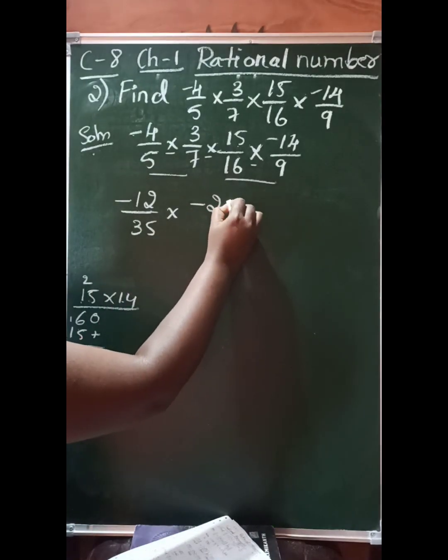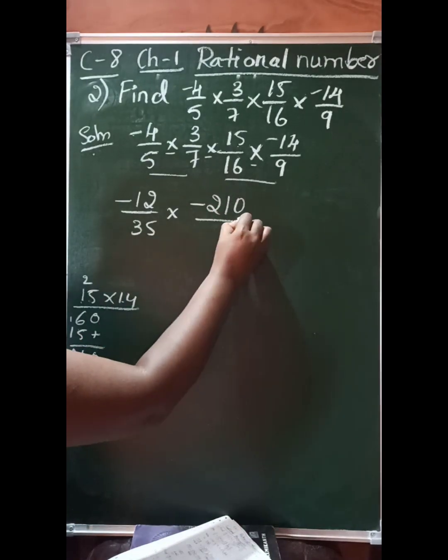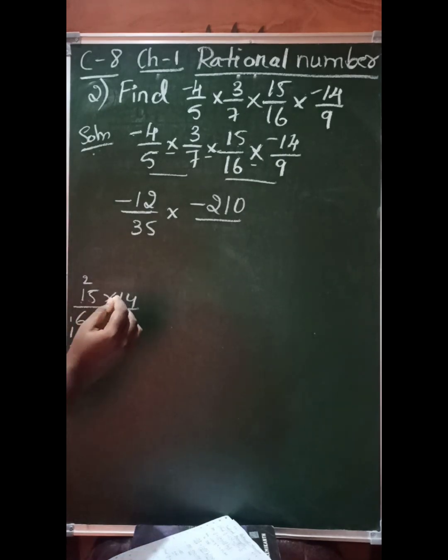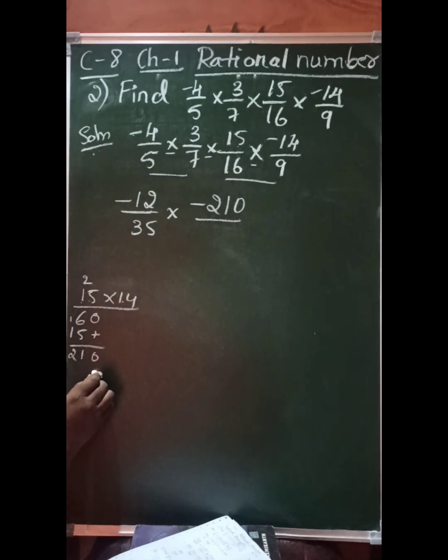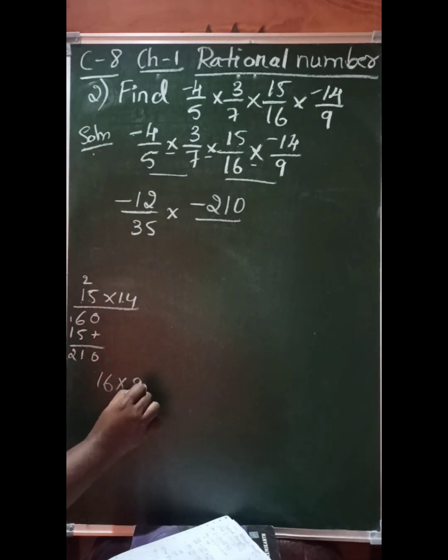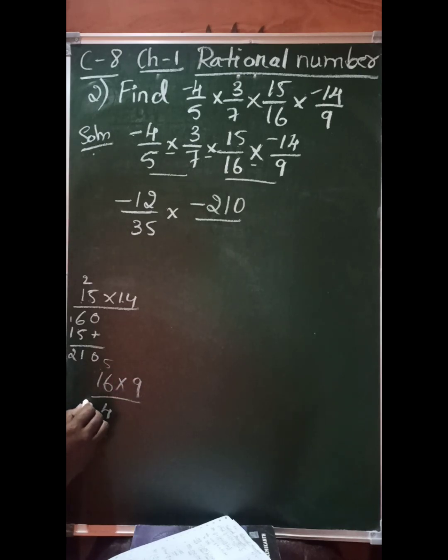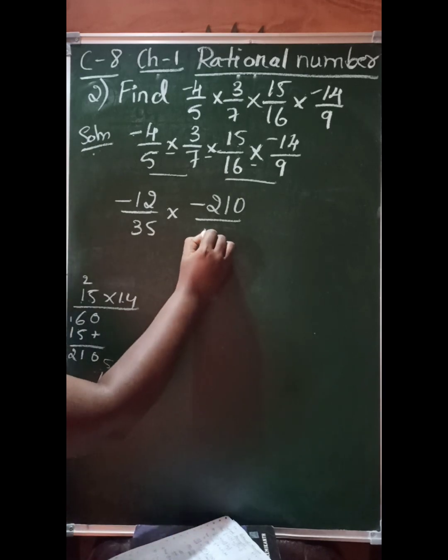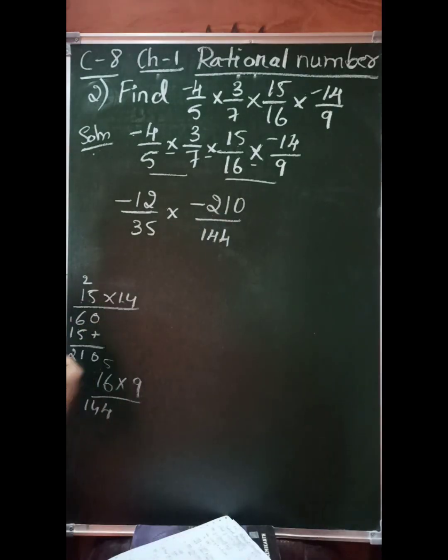So when you multiply 15 and 14 you will get 210 divided by 16 into 9. What will you get? 16 into 9: 9 sixes are 54, 4 you write below, consider 5 as a carry, 9 ones are 9, 9 plus 5 is 14. So 144 is the answer.